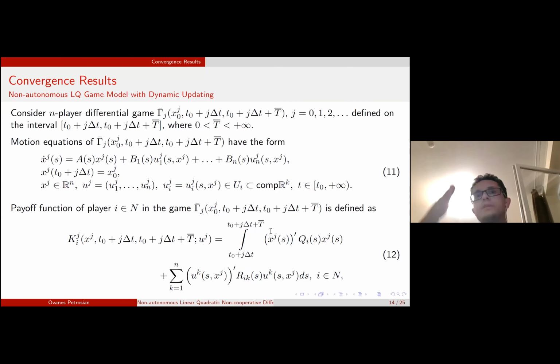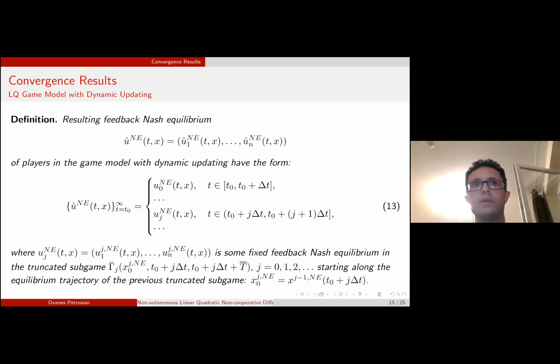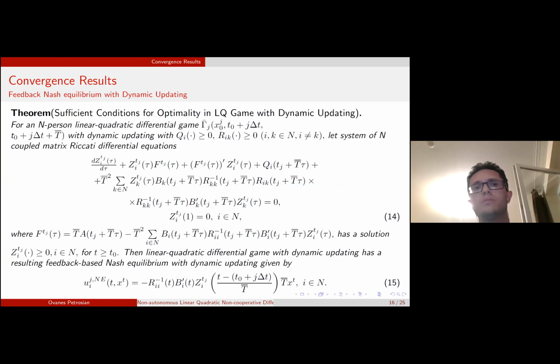And updating comes at fixed intervals, but this is not the most important thing here. According to this model, we can define the resulting Nash equilibrium, which is constructed almost in the same way as done for the continuous updating approach. And we can also provide the form of the feedback-based Nash equilibrium with dynamic updating for the non-autonomous case.